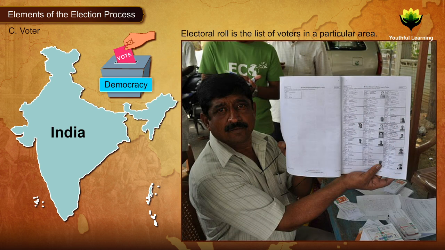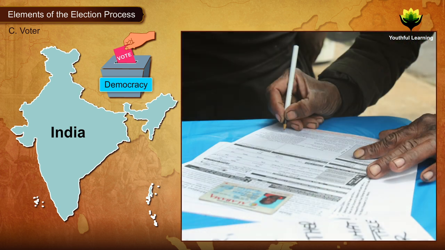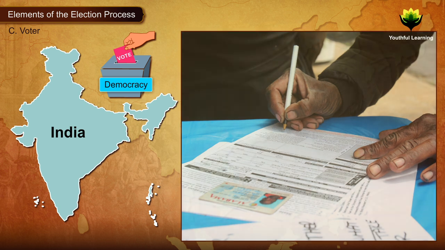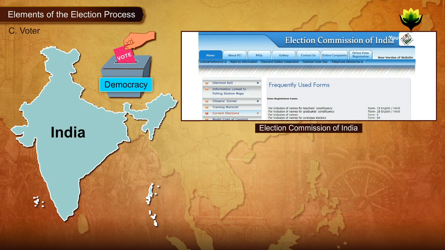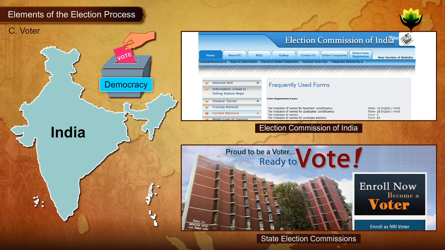Electoral roll is the list of voters in a particular area. To register his name, the citizen must fill a form and submit it to the concerned officer. The form can be downloaded from the website of the Election Commission of India and the State Election Commissions.